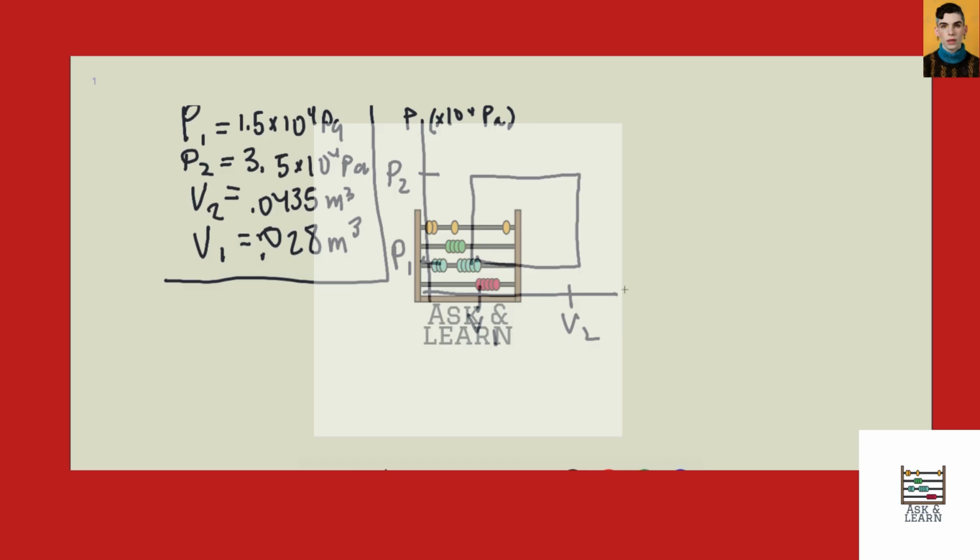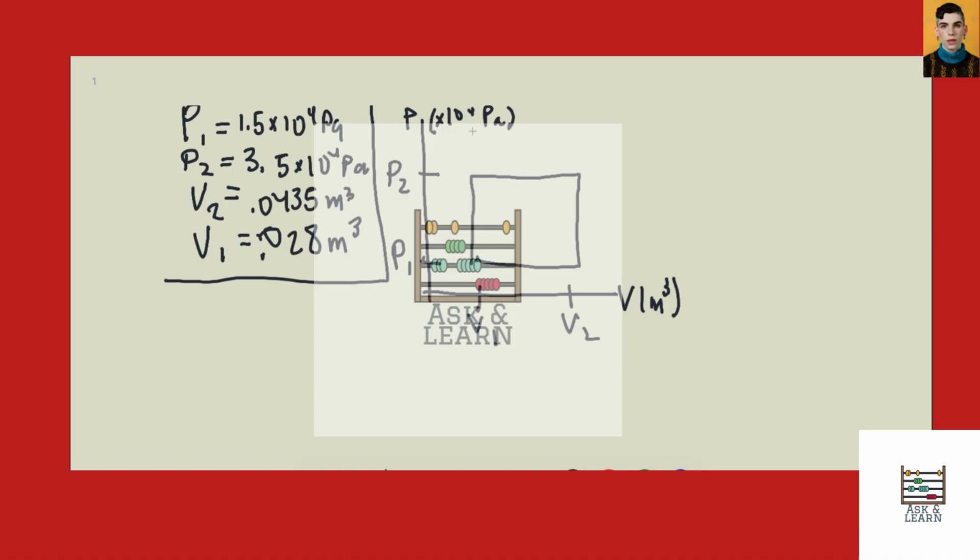Let me label the volume axis. So that's volume in units of meter cubed. Because if you're not actually writing the numbers, it doesn't really matter what you label the axes. But since V1 and V2 are in meter cubed and P1 and P2 are in pascals, I'll label them that way.